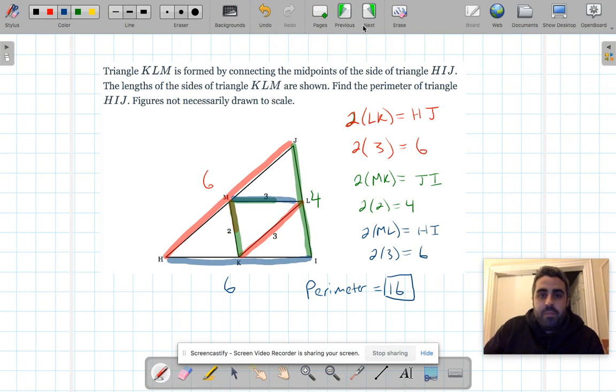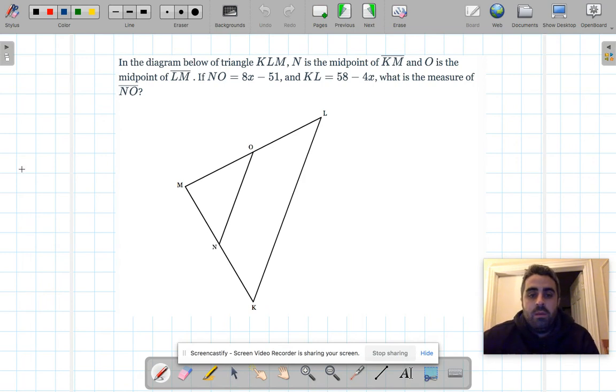Okay. Let's talk about maybe one last one. So, what if we were given some algebraic expressions to represent side lengths? Well, we can use the same theorem to solve, but we're going to have to create an equation. So it says, in the diagram below, triangle KLM, N is the midpoint of KM, and O is the midpoint of LM.